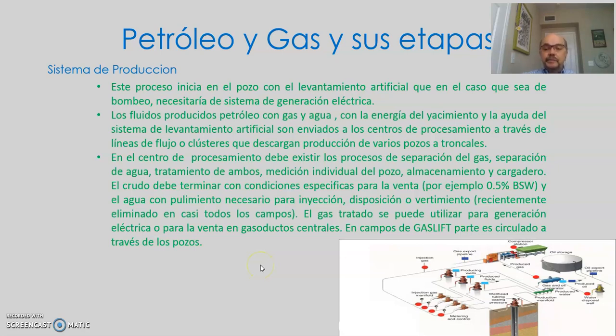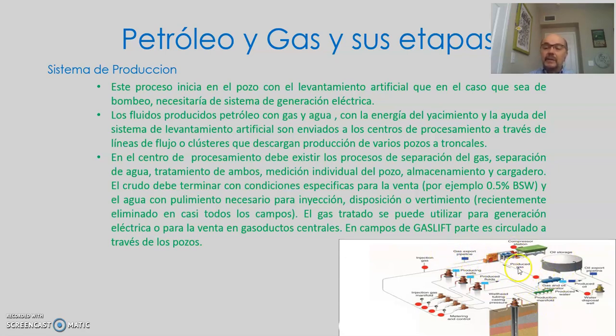And where we don't have gas lift, but we have pumping systems, we don't circulate gas, of course. So all the gas is compressed and used, sold or injected or used for generation.